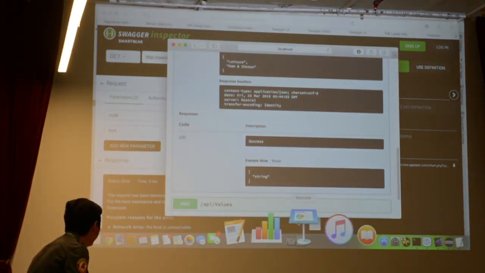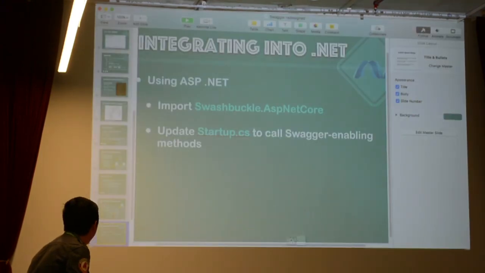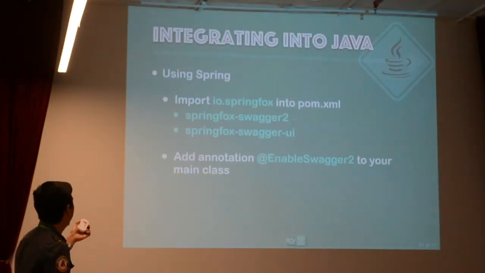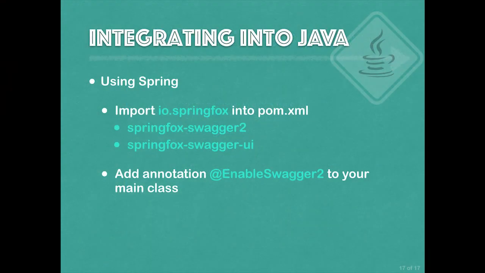So for Java, you have seen Java earlier. I'm not sure how to automate this. That was the hotkey. Okay, for Java, we have several libraries that you can use, JAX-RS, Spring, some other libraries I'm not sure yet.